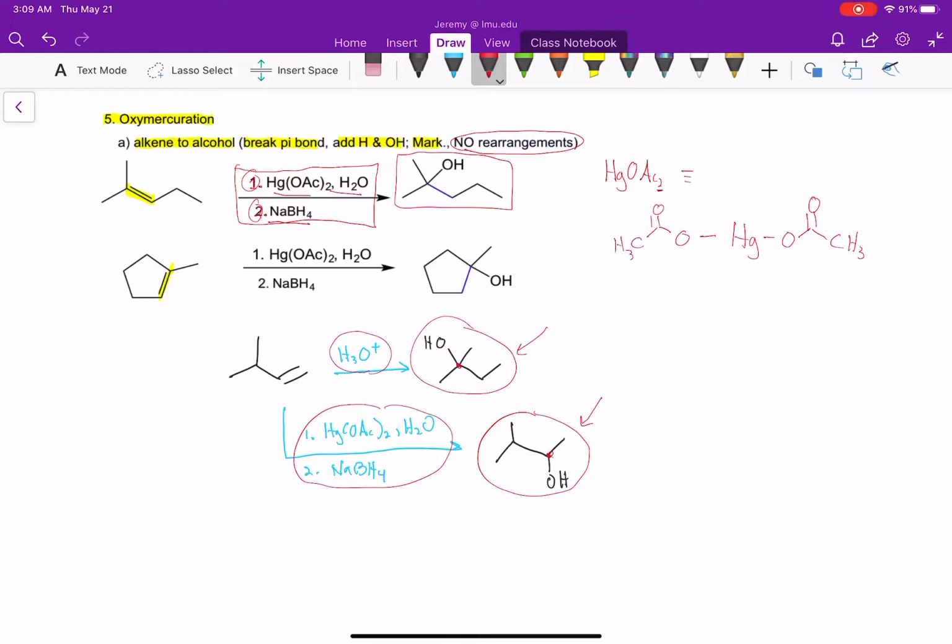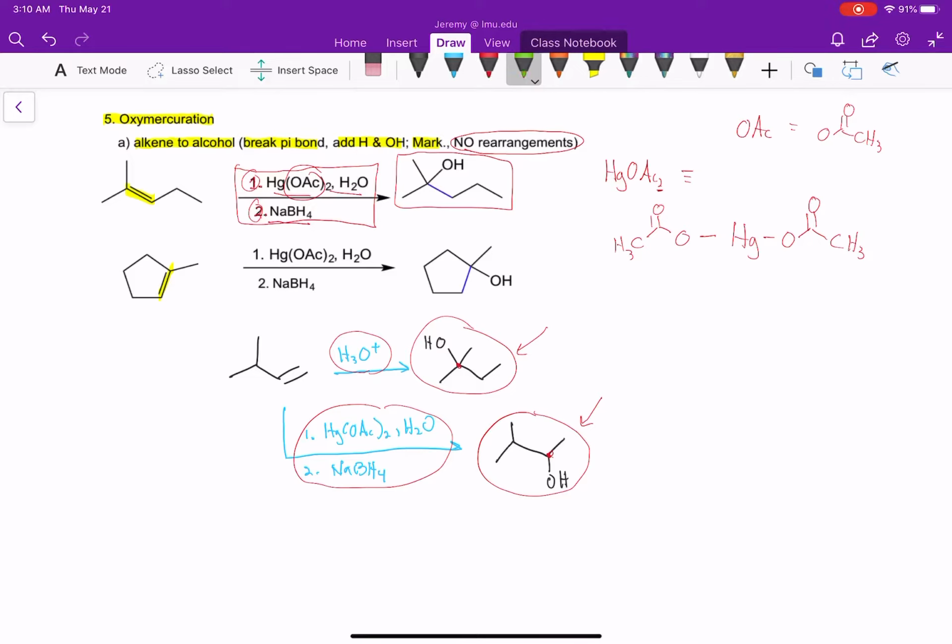So that's what an acetate group is. An OAc is equal to an O, C double bond O to a CH3, right? But it's fine to just abbreviate it as OAc, all right?